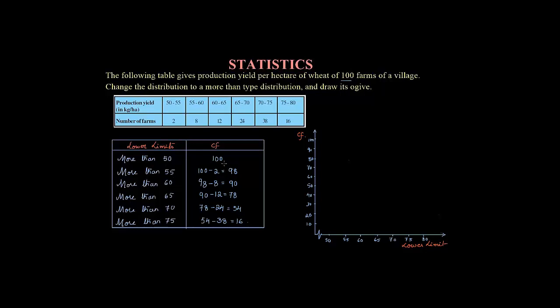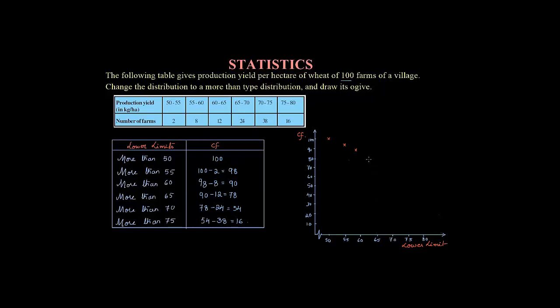For 50, what is the cumulative frequency? It is 100. So let me come here and mark that. Now for 55, 98. For 60, it is 90. So somewhere here. Then 65, 78.